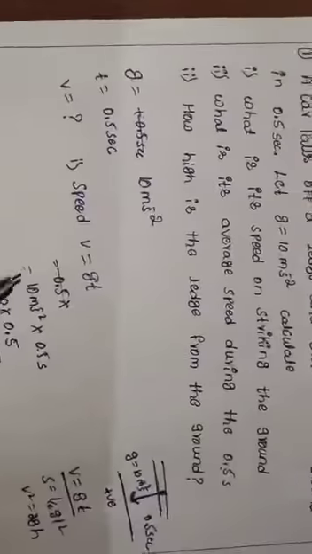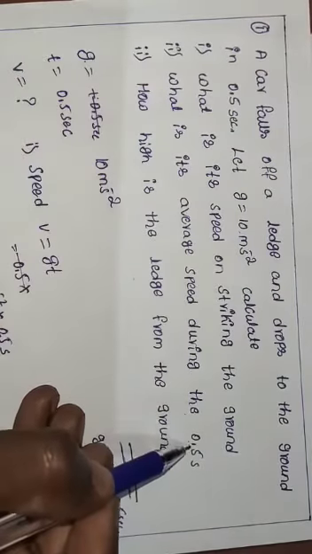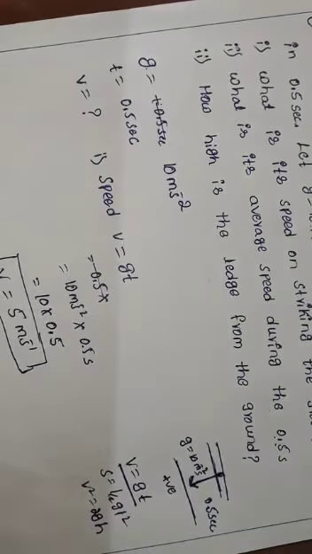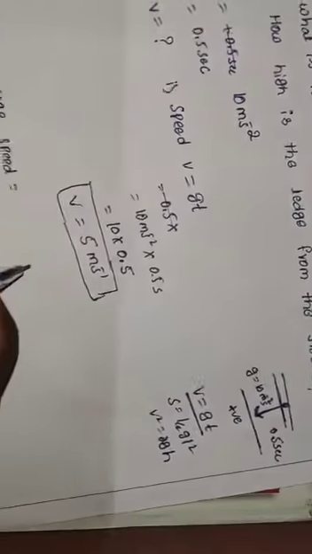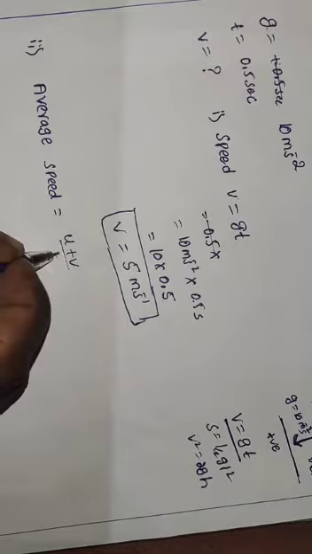Next, what is its average speed during the 0.5 seconds? The second one is the average speed. How to find the average speed? The average speed is equal to the initial velocity plus the final velocity, that is u plus v, divided by 2.